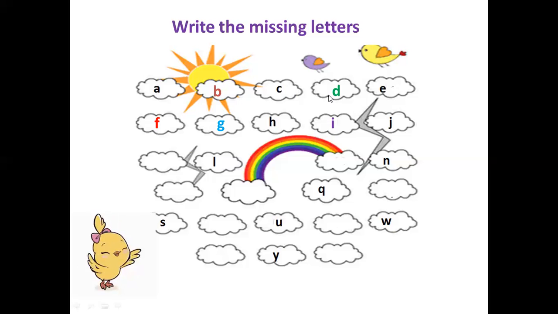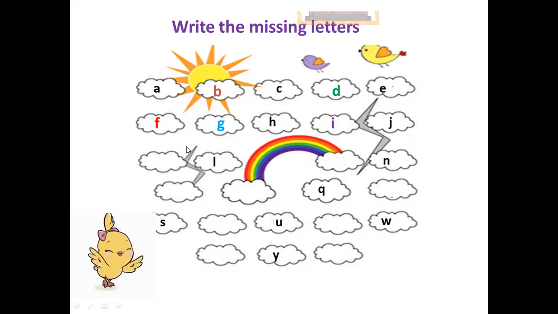D, D, daddy. E, elephant. F, F, fish. G, G, gorilla. H, H, hat. I, iron. J, J, jug.